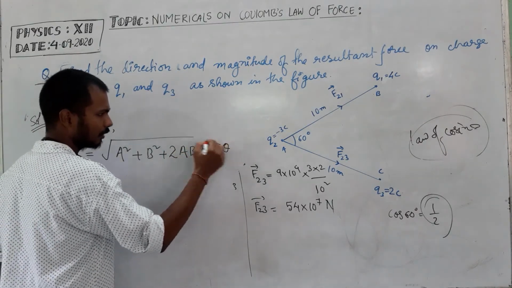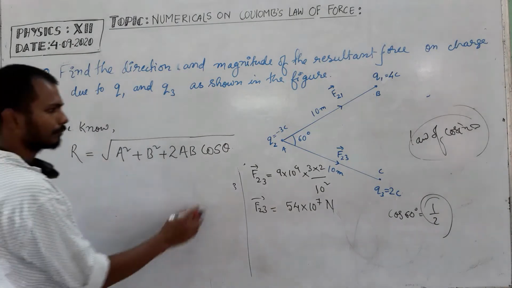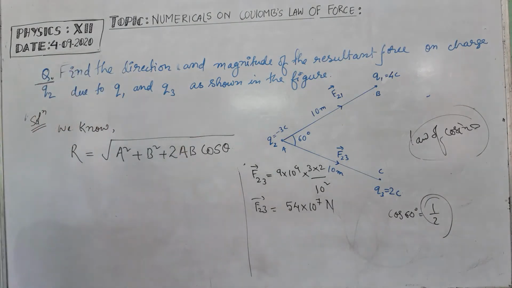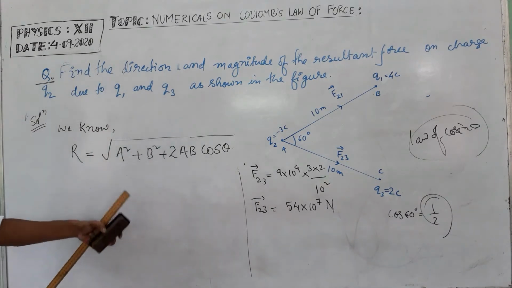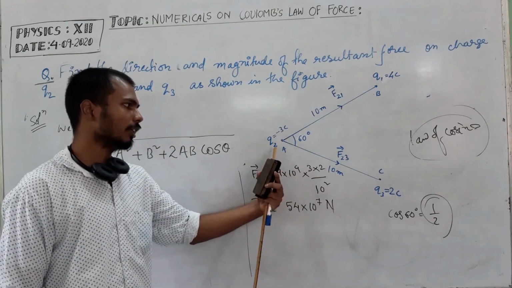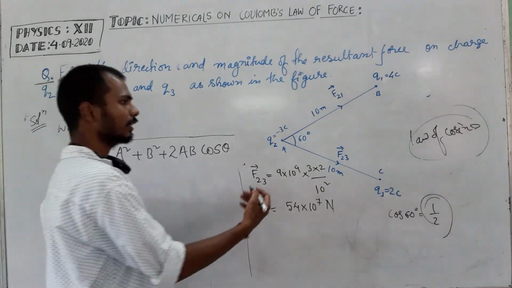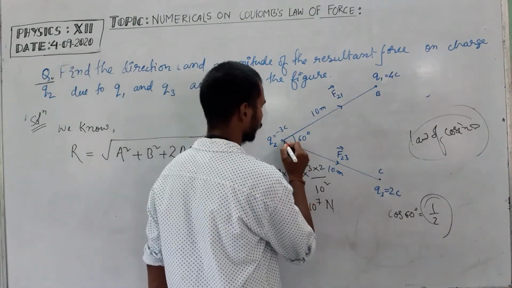This is the formula to find the value of the resultant. Are you getting my point? Now use this formula to find the resultant force acting on this charge Q2.